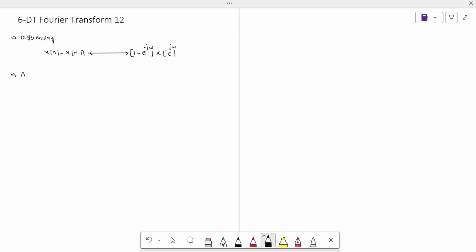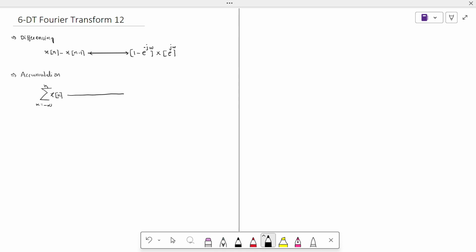The next one is accumulation. Accumulation is nothing but summation: the sum of x of k from minus infinity to n.